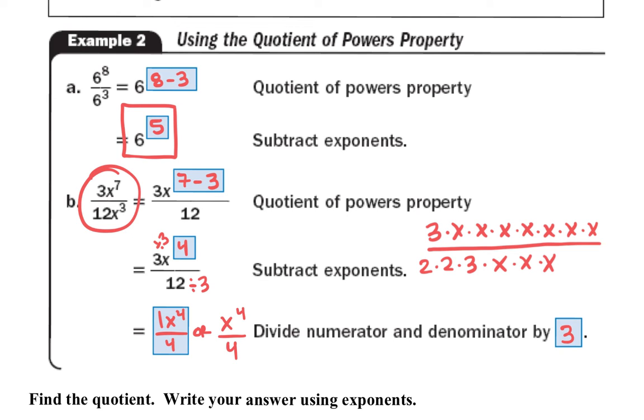And then I can look and see what they have in common, which is a 3, an x, an x, and an x. And then whatever I'm left with is the simplified fraction, which you see that x to the 4th power, and then on the bottom, the 2. So this is exactly what we've just been doing, except now as the exponents are going to get bigger, we don't want to have to write out the repeated multiplication every time.